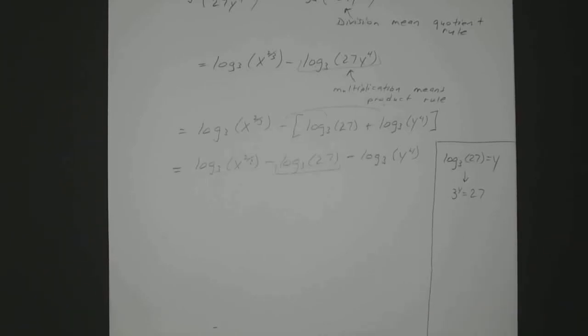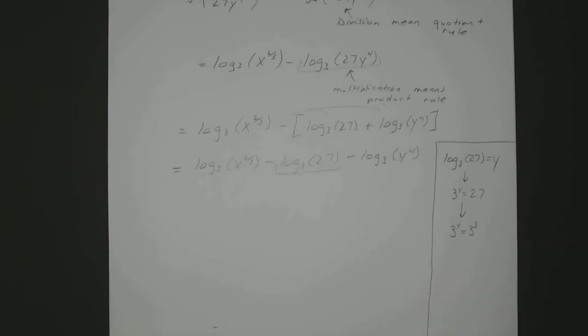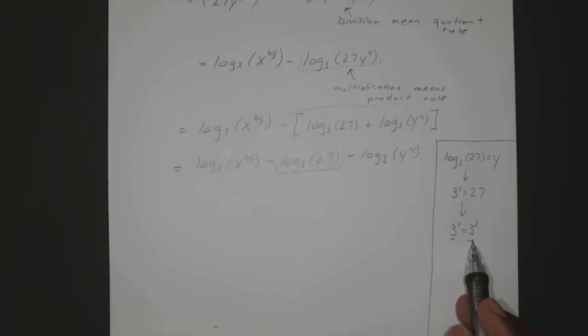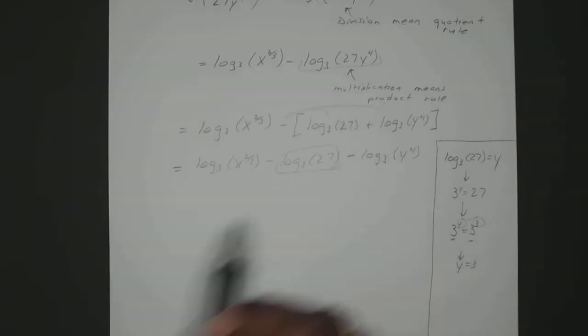We know that 27 is just 3 times 3 times 3. 3 times 3 is 9, 9 times 3 is 27. So we can rewrite this as 3 to the power of y equals 3 to the power of 3. Our bases are the same, so that means y is equal to 3. So this entire term just becomes 3.